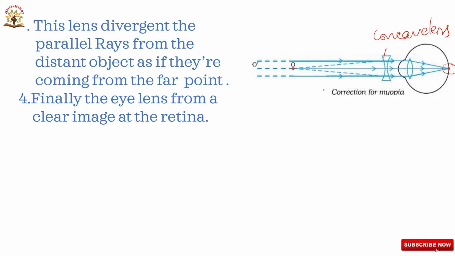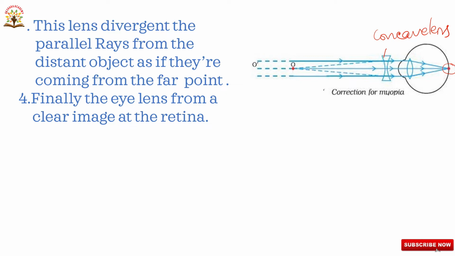By using this concave lens, the rays appear to meet at a point focus. These are diverging and they meet at a point focus. So now this is the object place and then the image falls on the retina. So by using the concave lens, the myopic eye can see objects clearly, which image forms on the retina. Finally, the eye lens forms a clear image at the retina. So then we can see the images clearly.